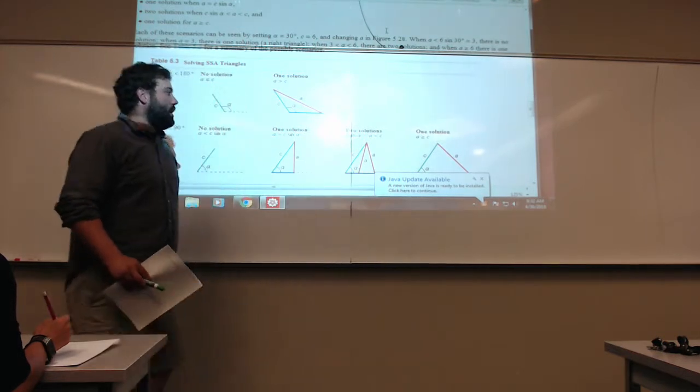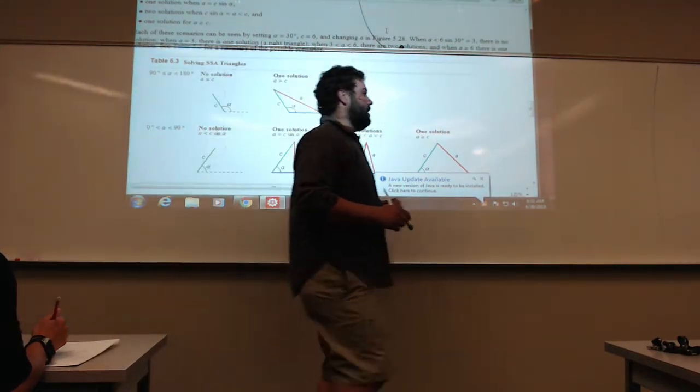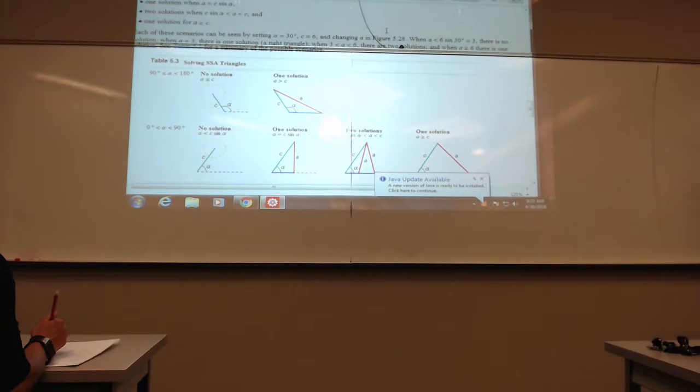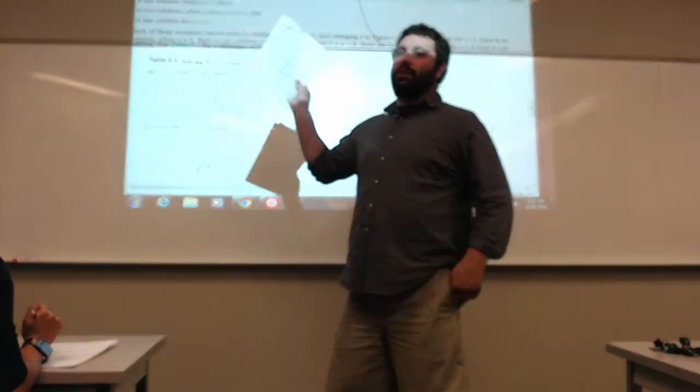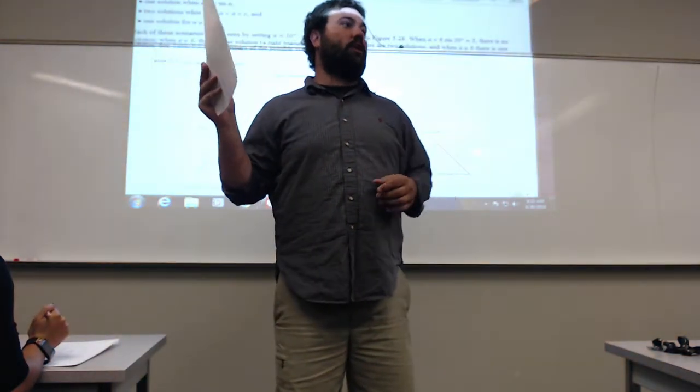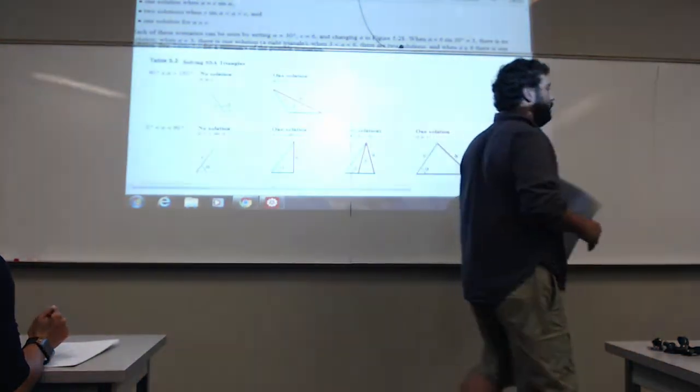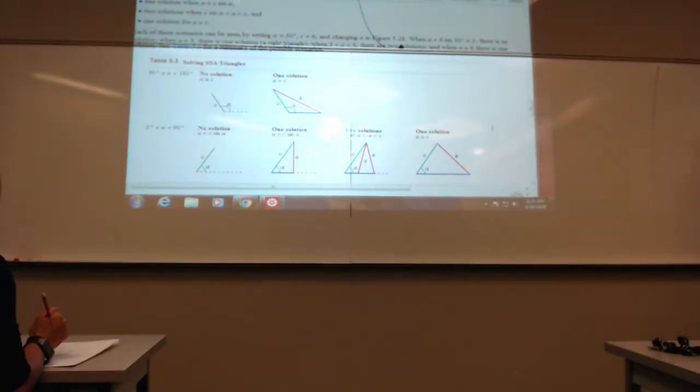Rather than try and memorize all of these, I've devised a little step-by-step process at the bottom of the page that you can follow to determine if you have 0, 1, or 2 solutions.